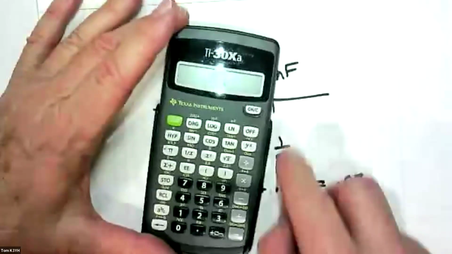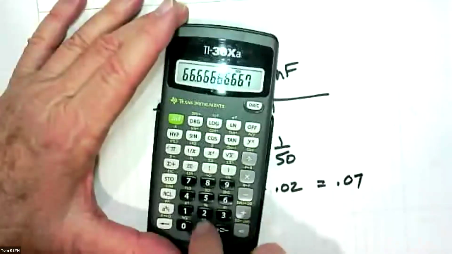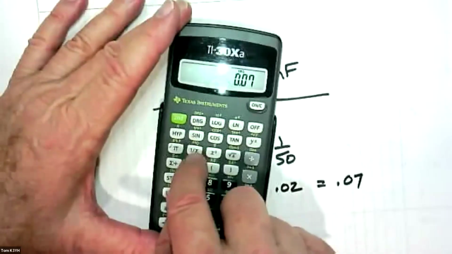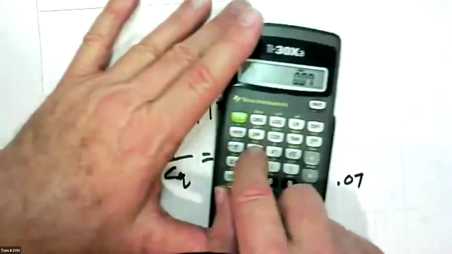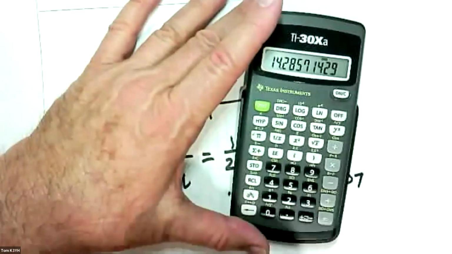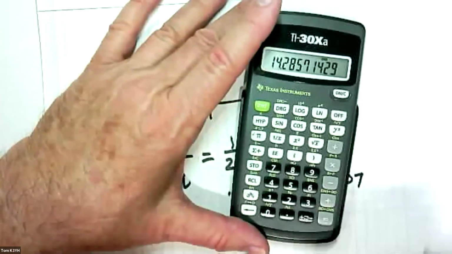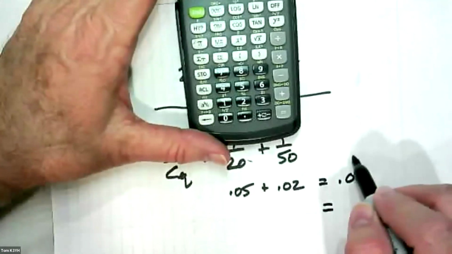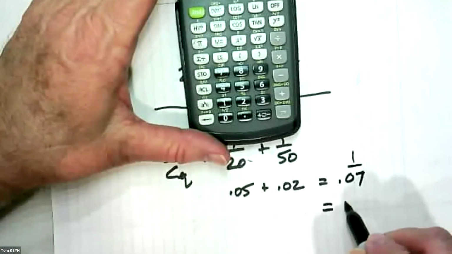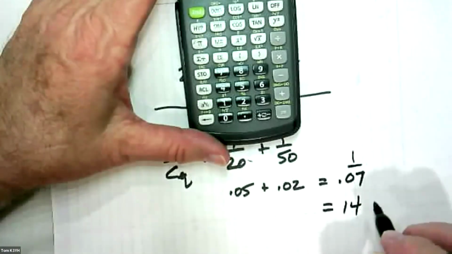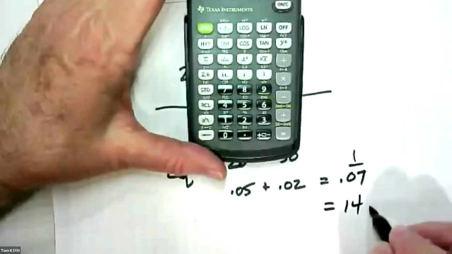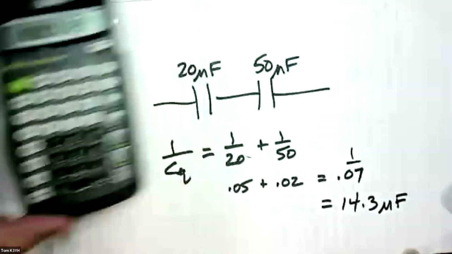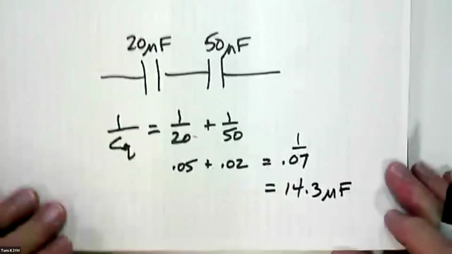Take 1 over 0.07. And there's 0.07 and 1 over x, see that button right there. It gives me about 14.3 microfarad. Okay.